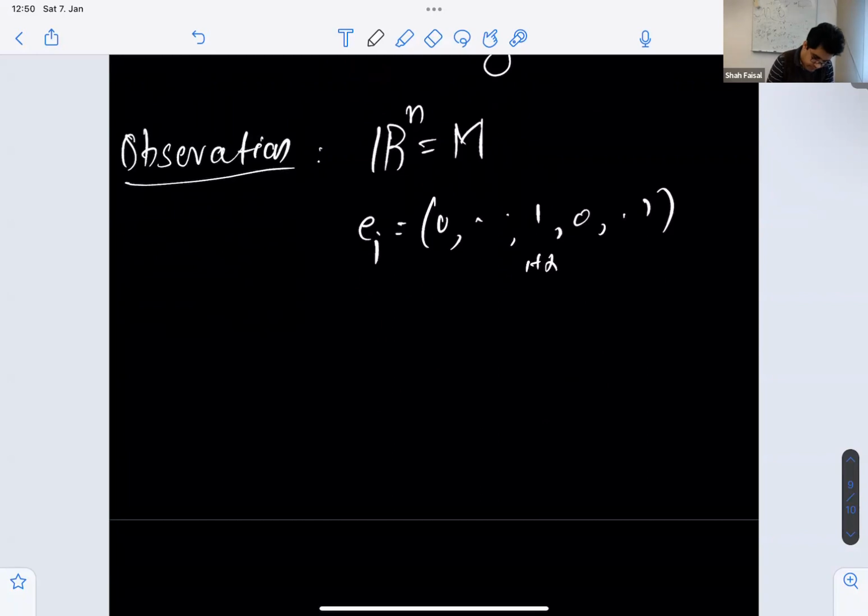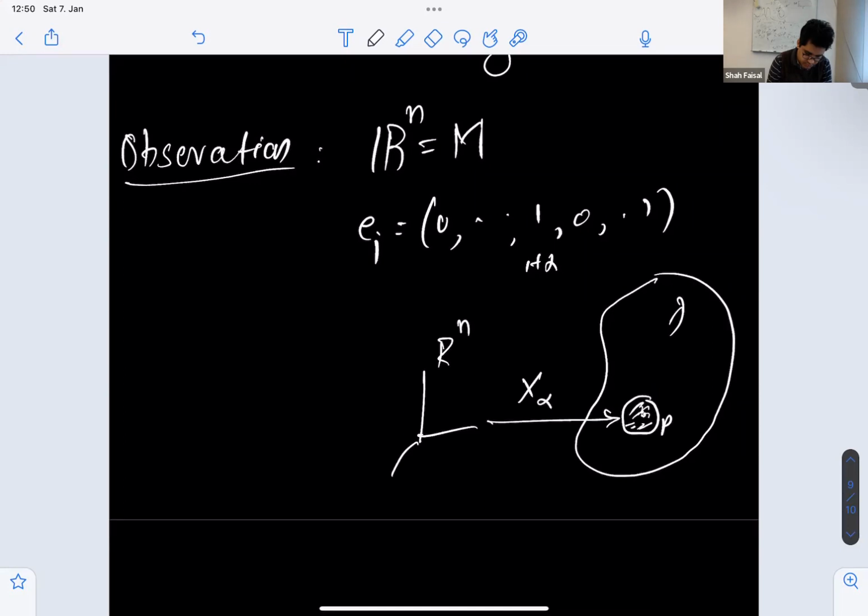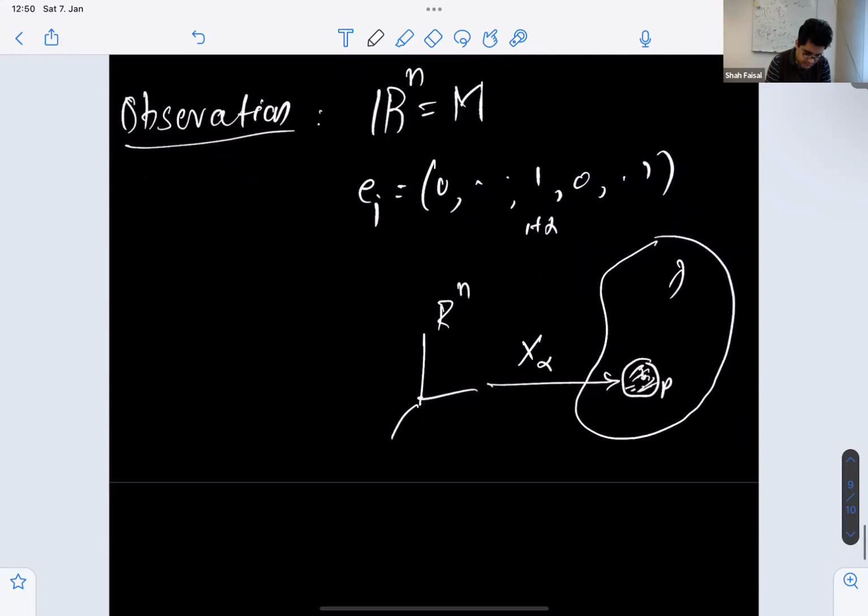So if I take a general manifold and a point P, then there is a neighborhood of this point, and you can find a map alpha from Rn whose image is this neighborhood, because such maps exist by the definition of a manifold. So locally, you can identify this neighborhood of the point P with Rn.